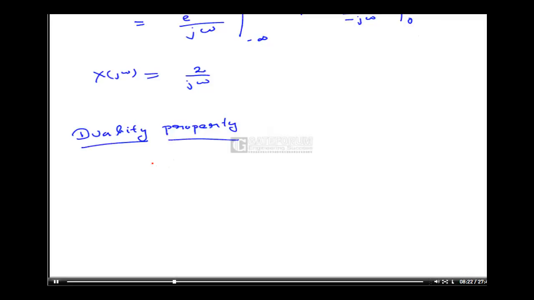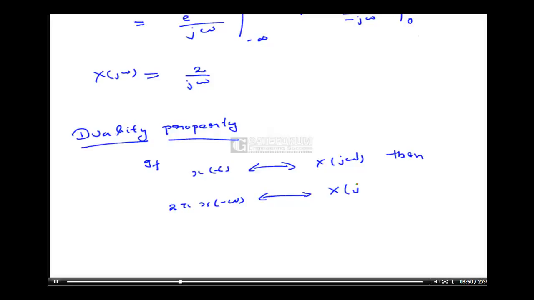Duality property says that if x(t) has a Fourier transform X(j omega), then 2 pi x of minus omega is the Fourier transform of X(t). This property will help in solving many problems. We'll just see the examples.